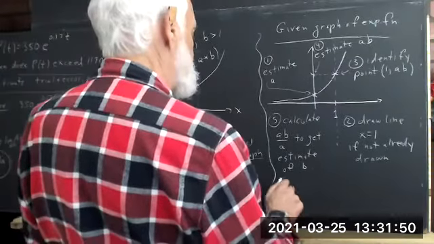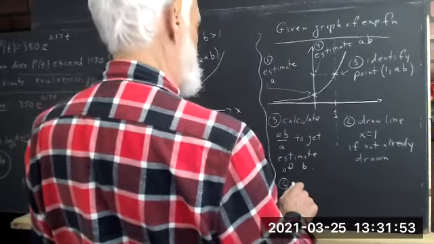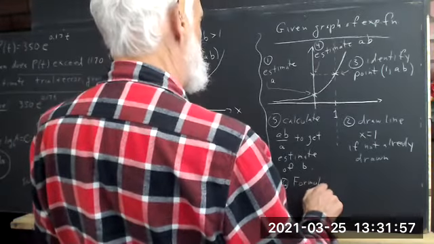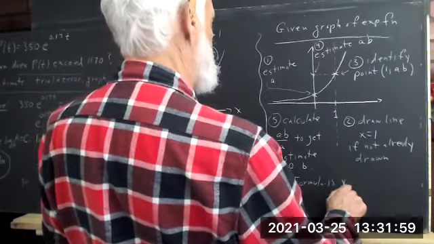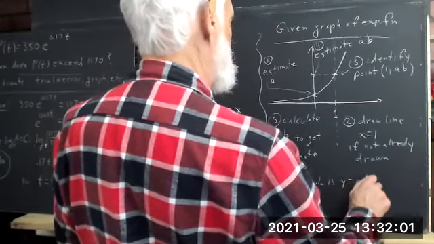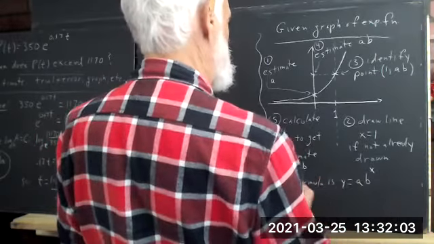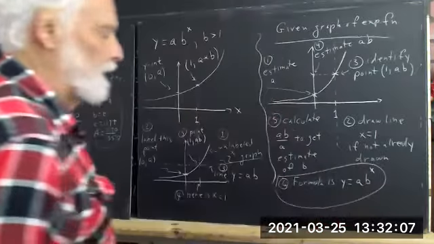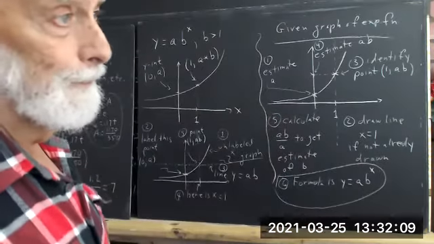And step 6, the formula is y equals a times b to the x.